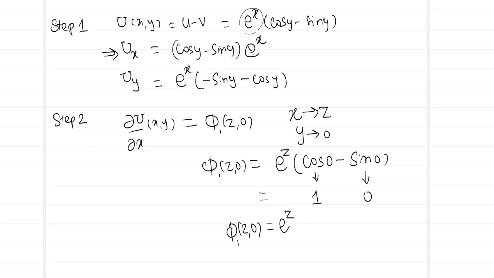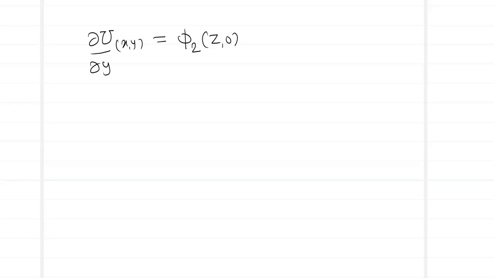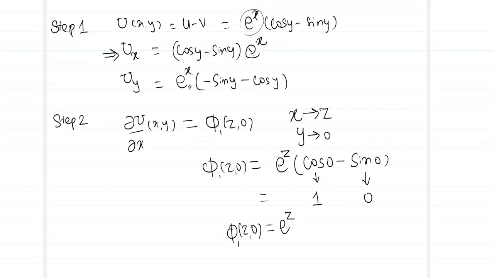In a similar fashion for the first derivative, u with respect to y, in terms of x comma y, I replace it with the function phi 2 of z comma 0. That is, x is replaced with z and y is replaced with 0 in my u with respect to y. What is my u with respect to y?